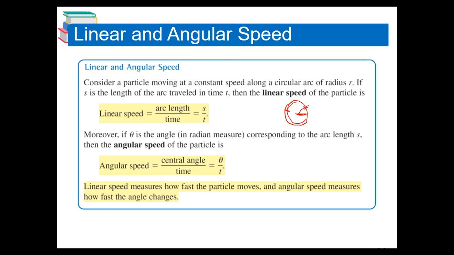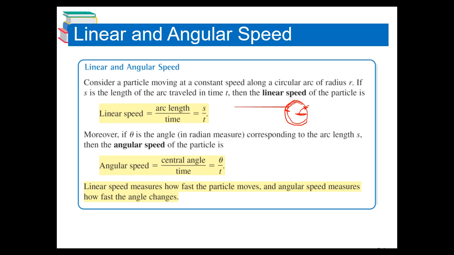To find that, you would just simply take the measurement of the angle divided by the amount of time. So linear speed is measuring the arc length and dividing by how long it took to do that. The angular speed is measuring the angle as it grows and how fast did it grow, by taking what the angle ended up being and how much time did it take to grow there.